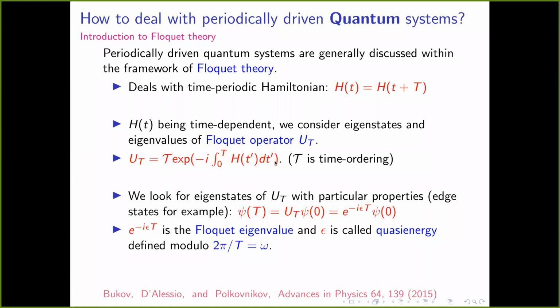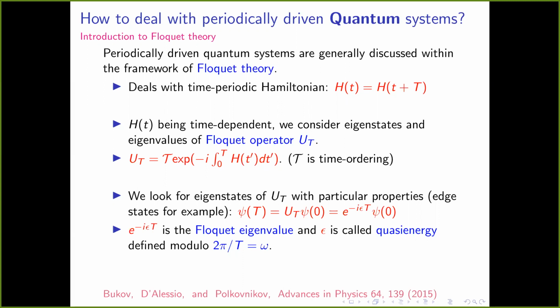This is the notation to construct the time-ordered product of the evolution operator. The time-ordering symbol is used because you are constructing the operator from former time to later time, from right to left, and the Hamiltonian at different times may not commute with each other. So this takes a state and evolves it by a time T. Now what we do is look for eigenstates of U(T) with some particular properties.